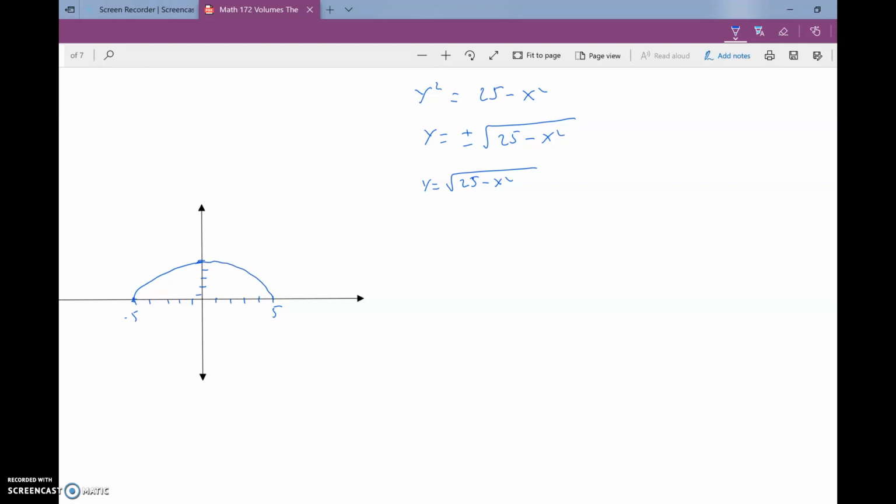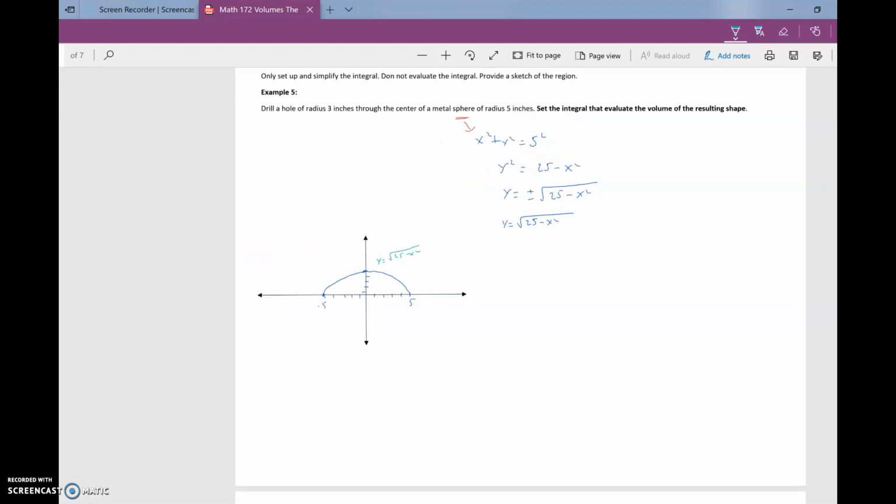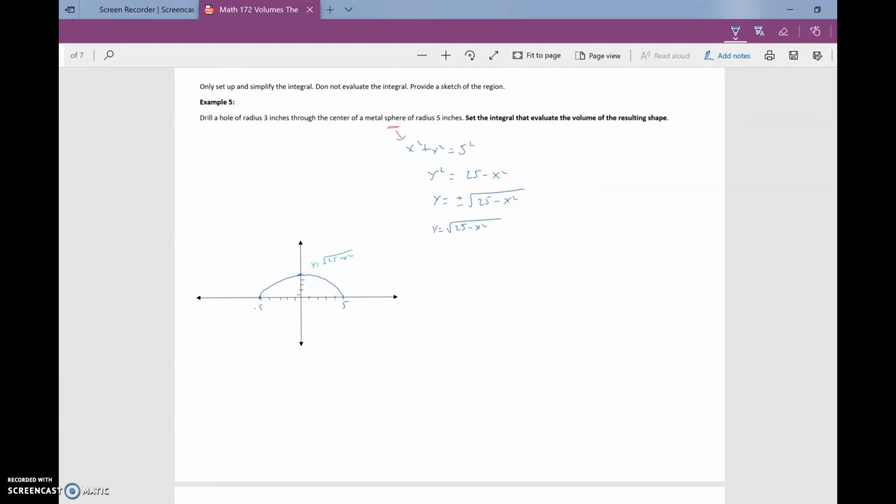Let me label it here: y is equal to the square root of 25 minus x squared.